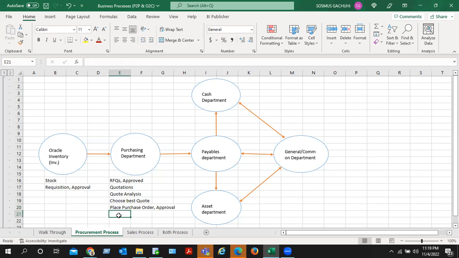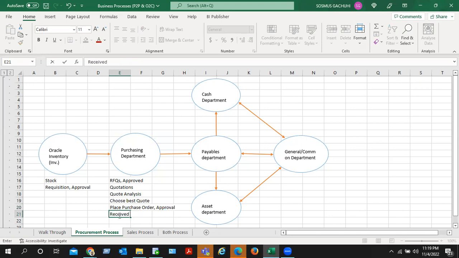the next stage is that the supplier will receive this purchase order, telling them they are supposed to supply us with certain goods. And once the supplier receives this purchase order, they will supply the goods to our organization. Once they supply the goods, they have to be received.